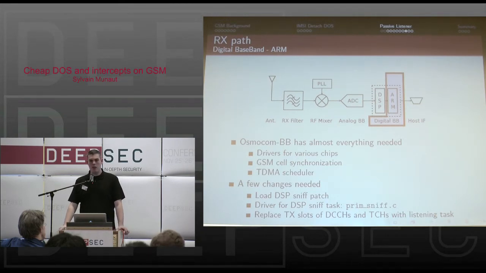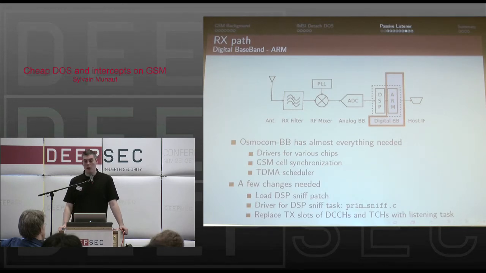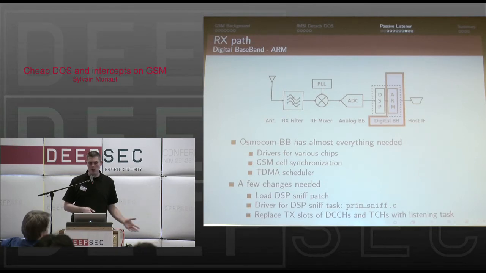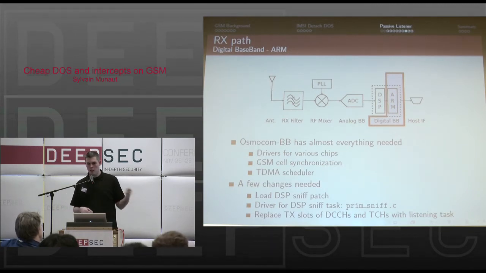There are a few things we need to change. First, we need to patch the DSP at the boot. That's kind of obvious. Finally, we need a driver for the new task that we added to the DSP. It's obviously not supported in the mainline code, so we had to write a driver that allows us to program the DSP to use this new command and receive the raw burst.